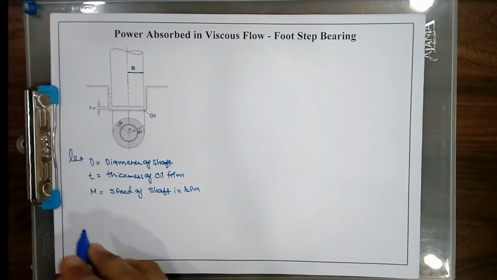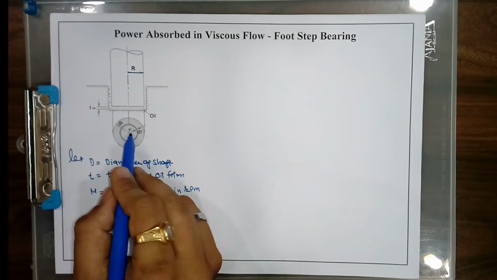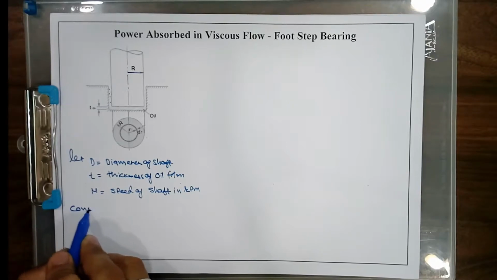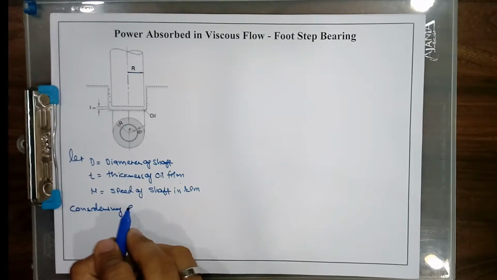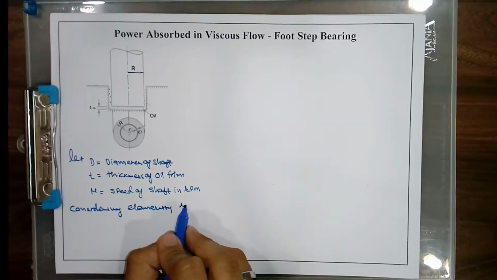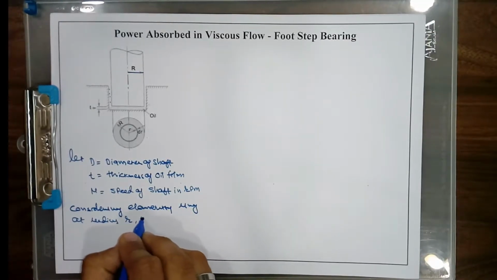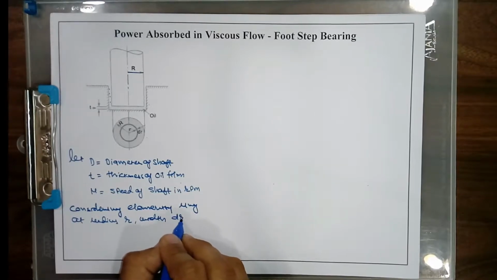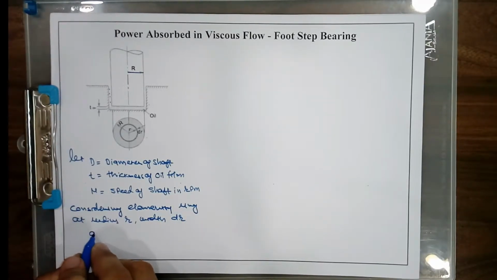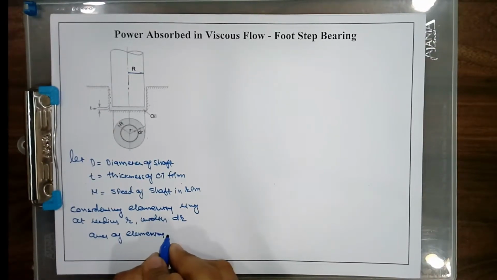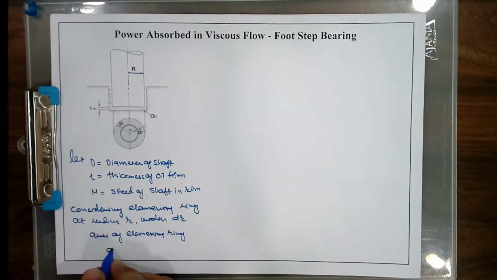Now we consider an elementary ring at a radius of r having a width of dr. So the area of the elementary ring, dA, equals 2 pi r into dr.